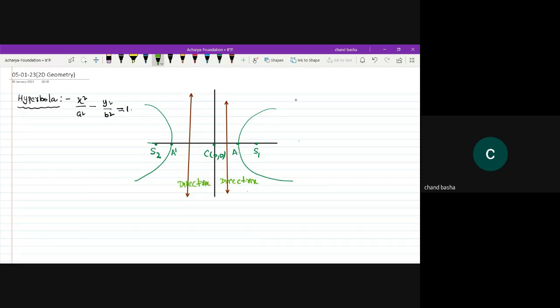And as you know, the point on the directrix, which is also on the x-axis. If you take this as the x-axis, and it is y, and it is z, and on the left hand side it is z dash, right? The hyperbola is an open figure, but the ellipse is a closed figure.